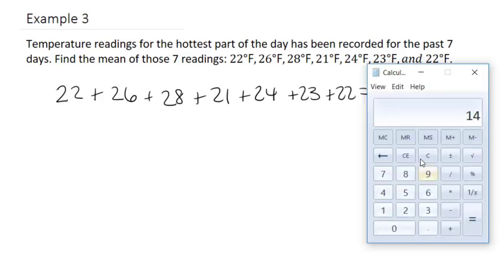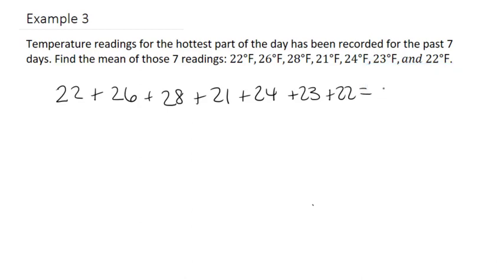So let's go ahead and go 22 plus 26 plus 28 plus 21 plus 24 plus 23 plus 22. And we get 166. So our total for these 7 readings, 166.